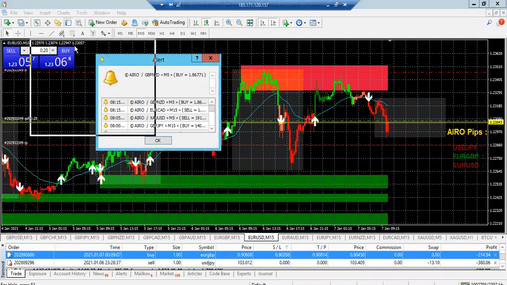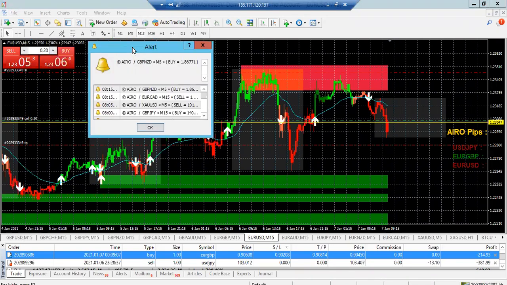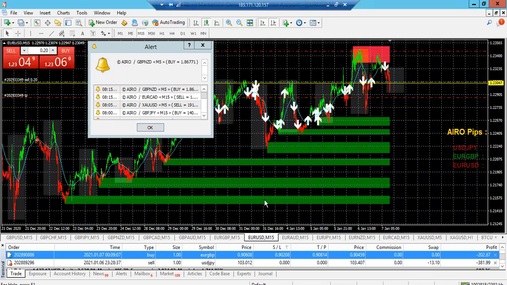While we wait for other opportunities to show up, let's go through the strategies and what we see on this chart. This is an indicator called the arrow indicator. It comprises a red box and a green box. The red box is the resistance while the green box is the support. Whenever we get on any chart, we zoom out, and if we see more green boxes than red boxes, this market is on an uptrend, so we should be looking for buy opportunities.